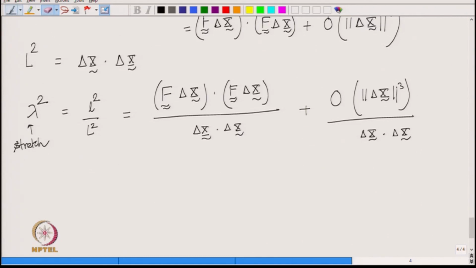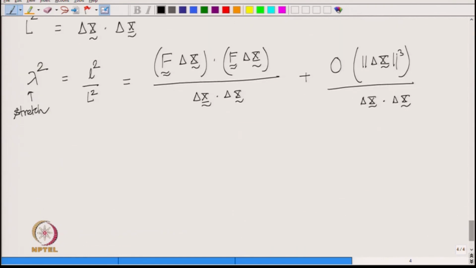Okay, now we can do some tricks here. See, this delta big X dot delta big X is the magnitude square.